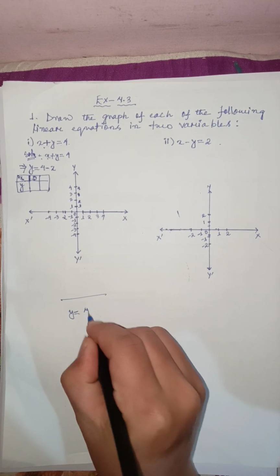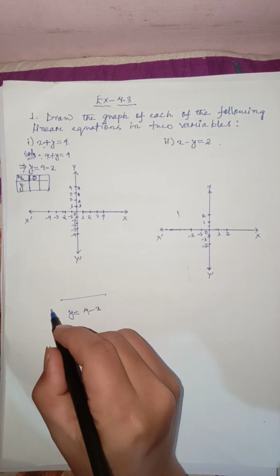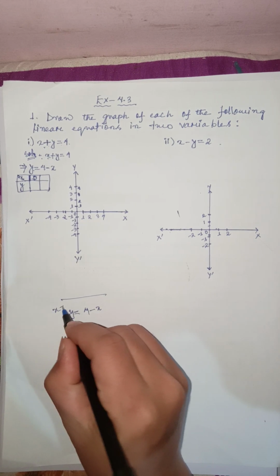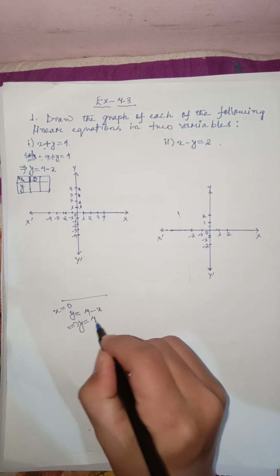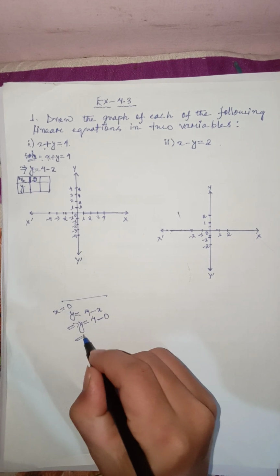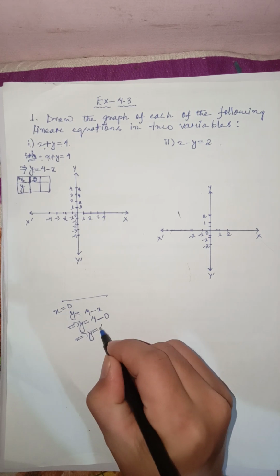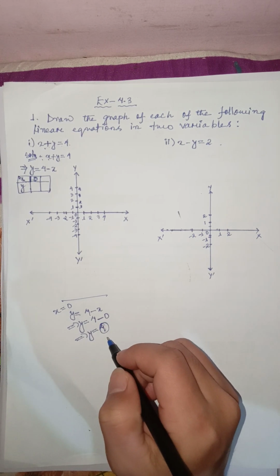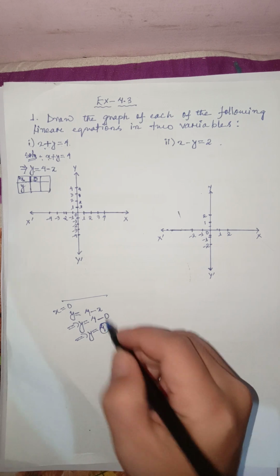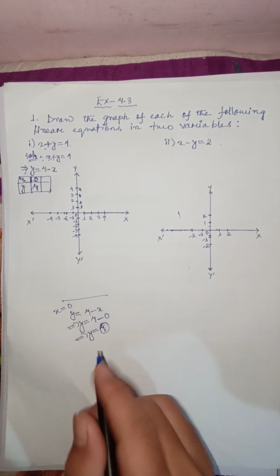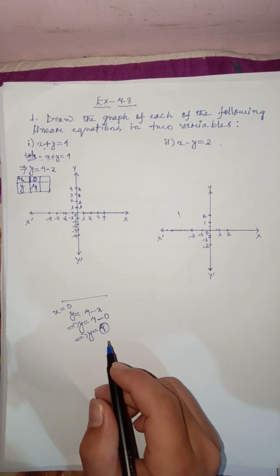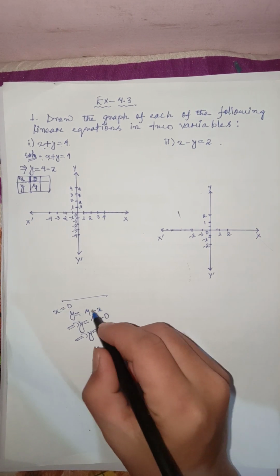It is 4 minus x, and the first value of x that we use is 0. If it is 0, that means 4 minus 0. If you subtract 0 from 4, the same number remains with us. Here we have 4.